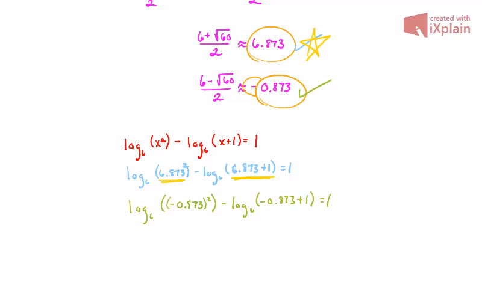Notice that yes, there is a negative inside of this log, but it is being squared, so that's going to make it positive, so we're okay here. And then you have a negative 0.873 plus 1. Since the 1 is the larger number and is also positive, we know that the sum here is going to stay positive as well. So this one actually checks out as well.